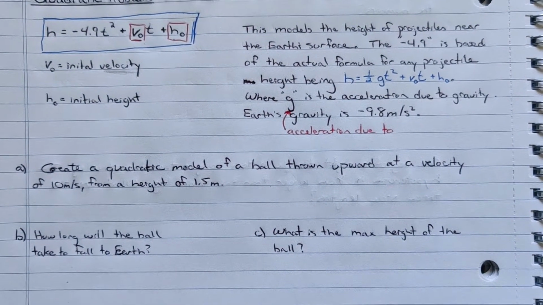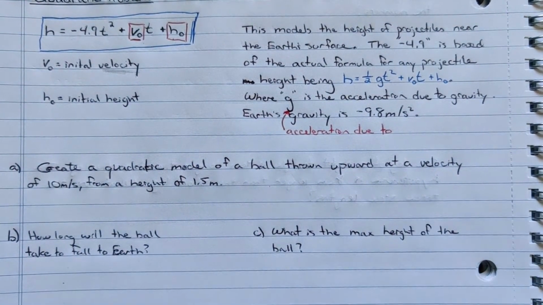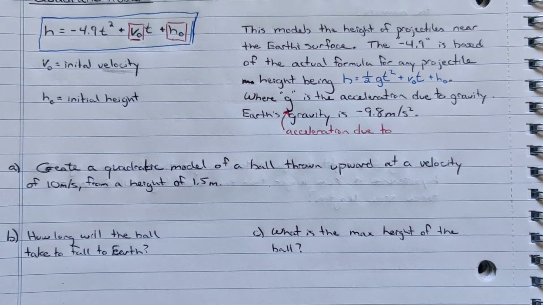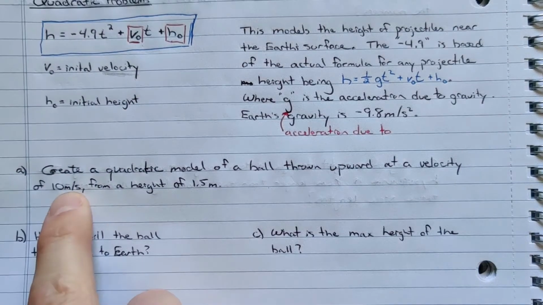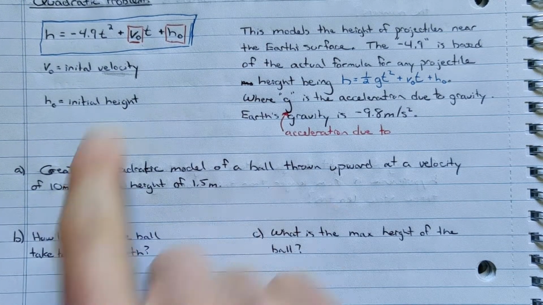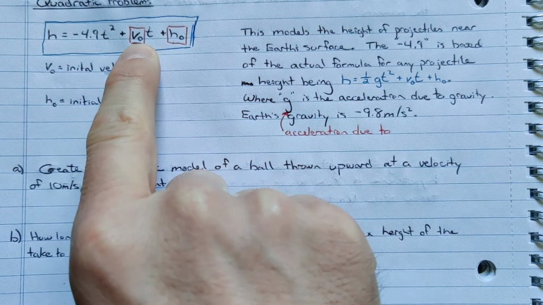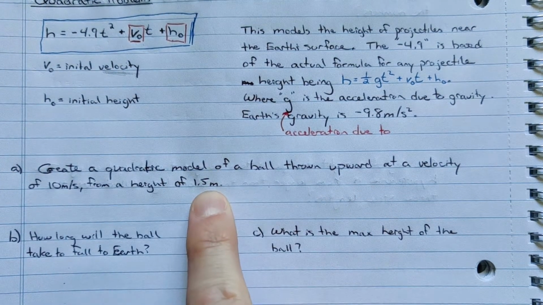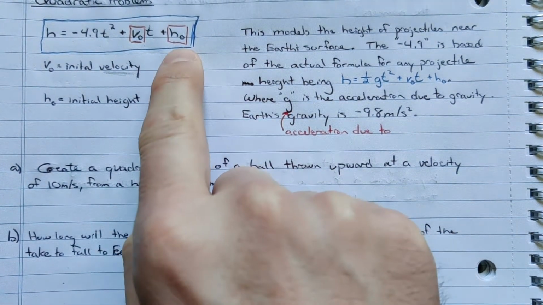So given the first question here, create a quadratic model of a ball thrown upwards at a velocity of 10 meters per second from a height of 1.5 meters. So it's being thrown at 10 meters per second, that's our initial velocity, and that goes in this position. The 1.5 is the initial height, and that goes into this position.